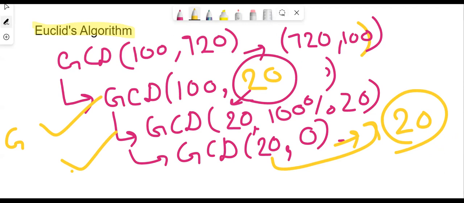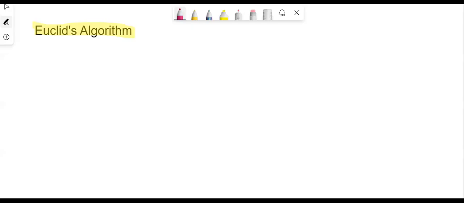And now we will see the intuition behind this, which is a very pretty thing that I wanted to explain. Let's say we are talking about two numbers which don't seem to have any common factor easily, right?